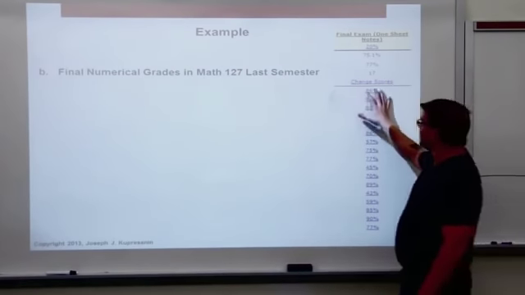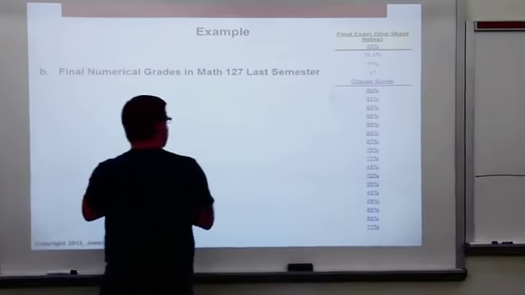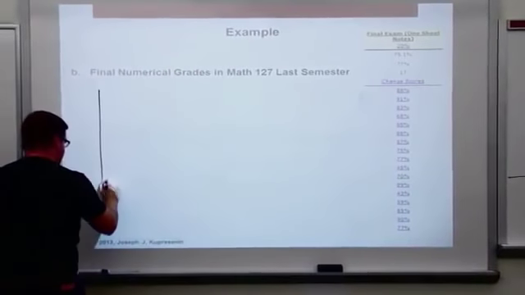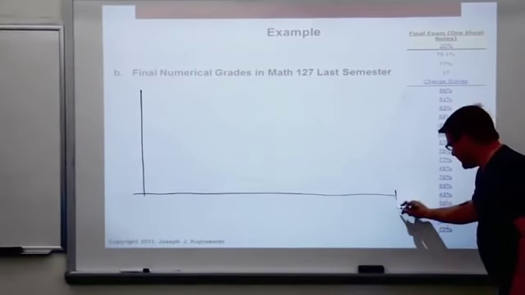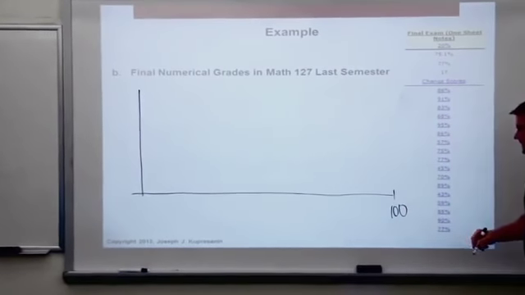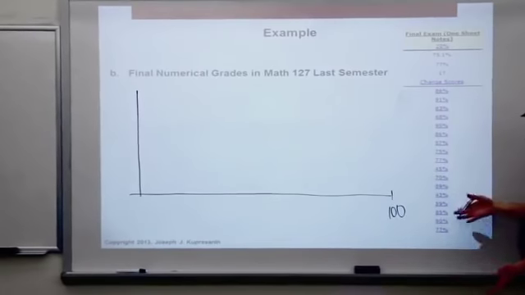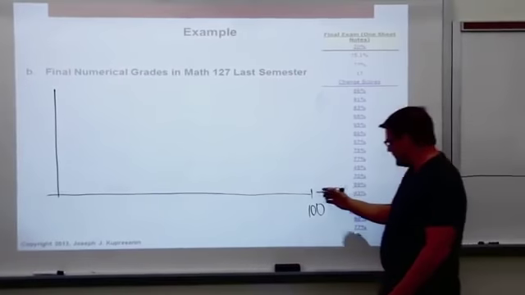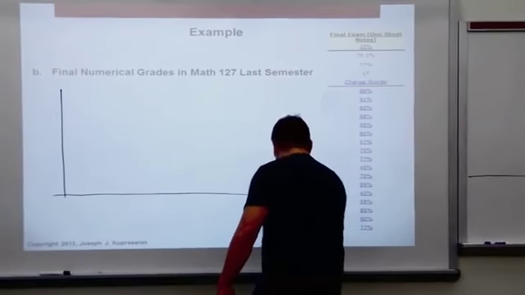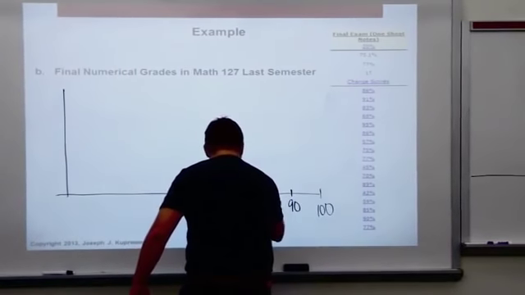Okay? Typically, course grades, let's draw the picture. For all intents and purposes, the highest you can get is 100. Okay, forget about instructor errors and some sort of extra credit or something. Doesn't happen all that often. Here's 90. Here's 80.